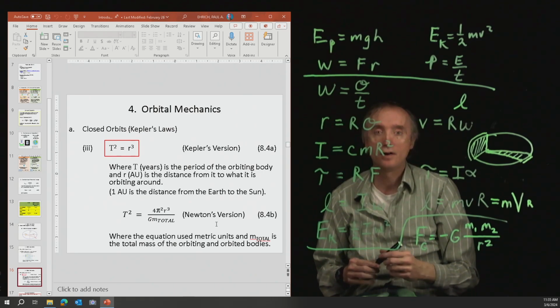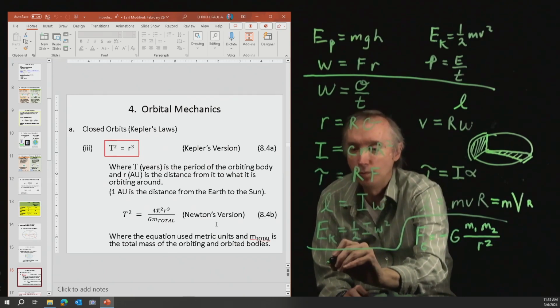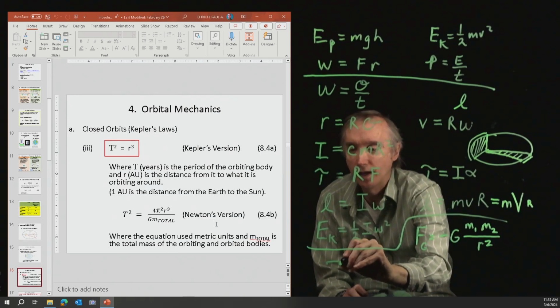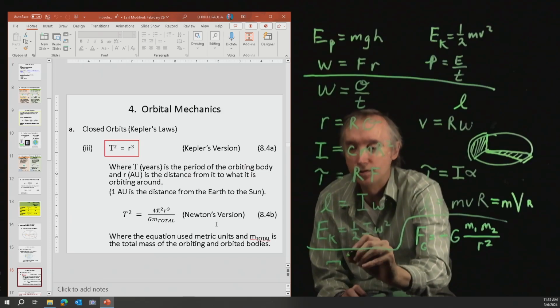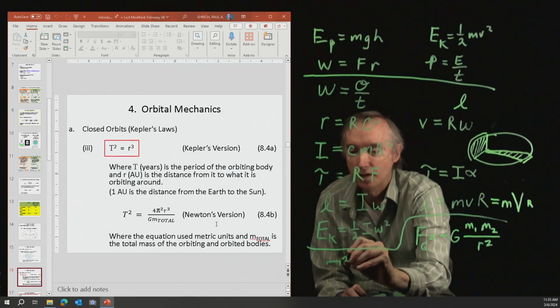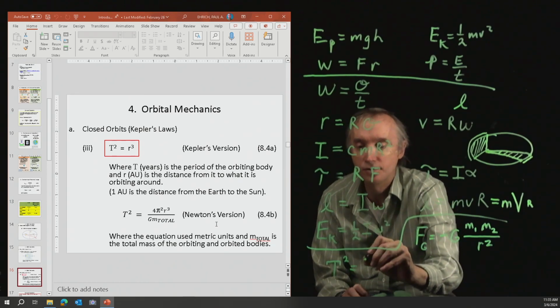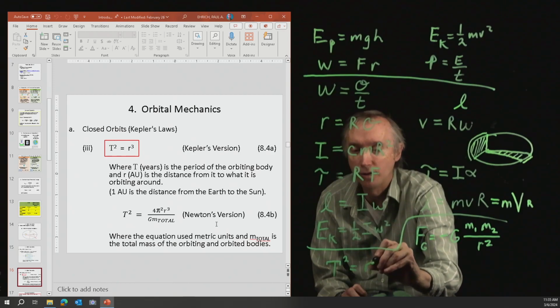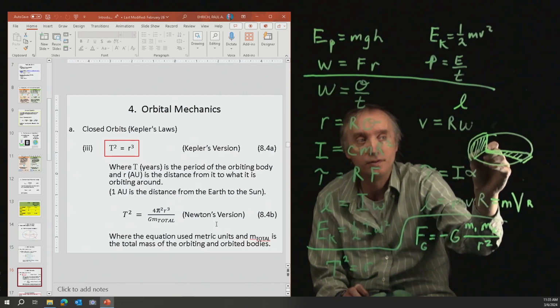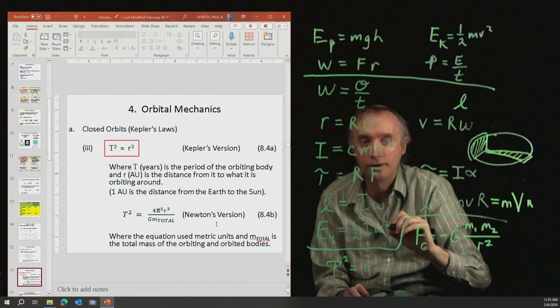So his third law of motion, and the only one that you have to be able to calculate with, is going to be this one. The period squared is going to be equal to the semi-major axis, and we're going to use the letter R, and we're going to say that it's the distance from the star to the planet.